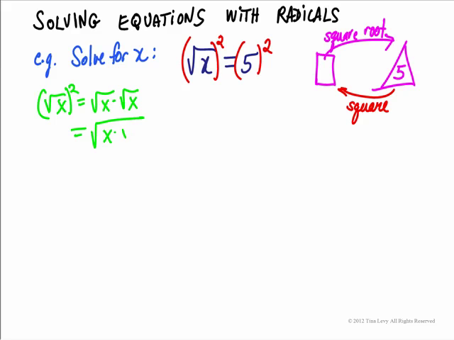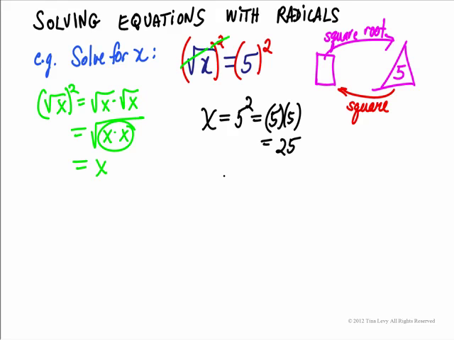We've got two x's in there, so thinking about getting out of jail, we've got a pair, so that just is x. So we can think that the squaring and the square root undo each other. And we get that x is 5 squared, which is 5 times 5, which is 25.